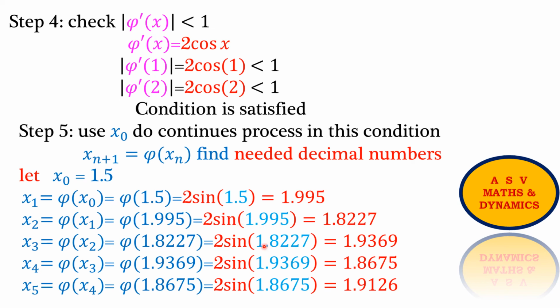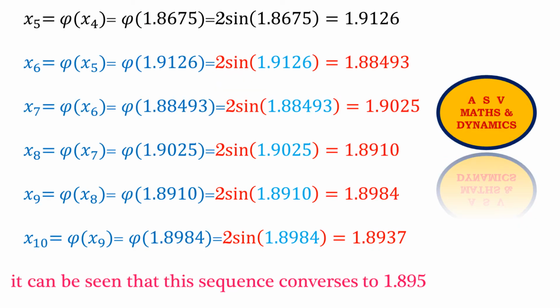So one by one, if you apply continuously in the function, when you get the same 3 decimals repeated again, at that time you stop and come to the conclusion, it is the answer.